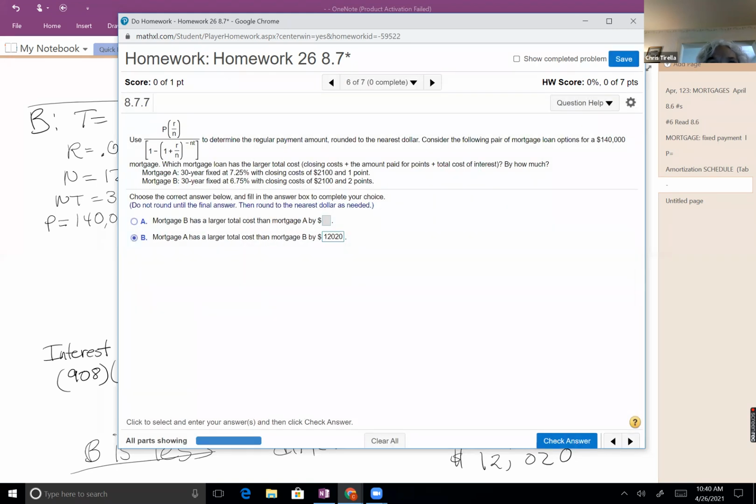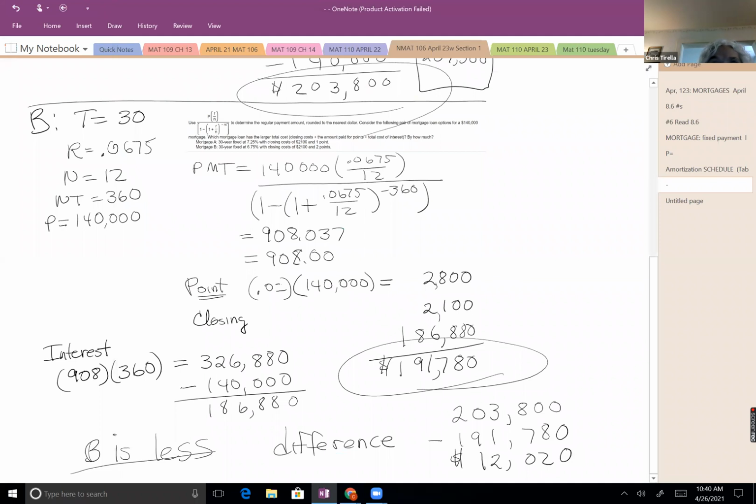Okay, who can see the careless mistake in the arithmetic? Unless it's just that we didn't round up.